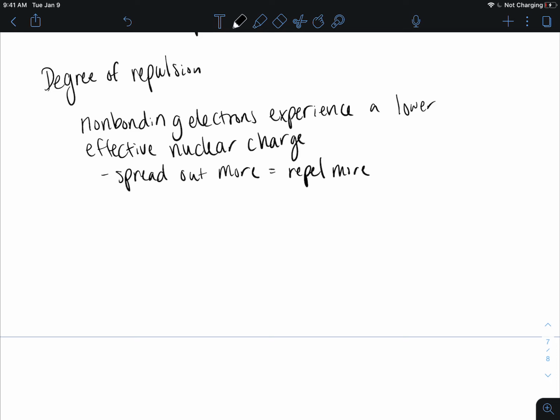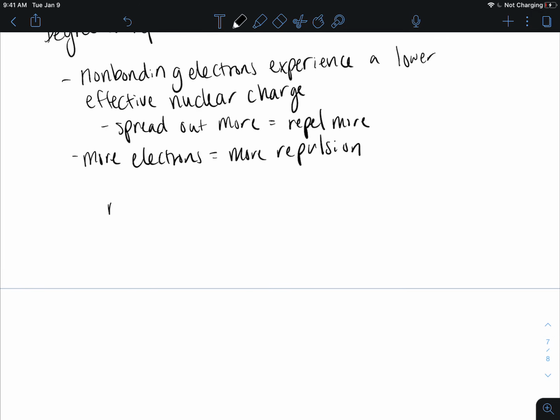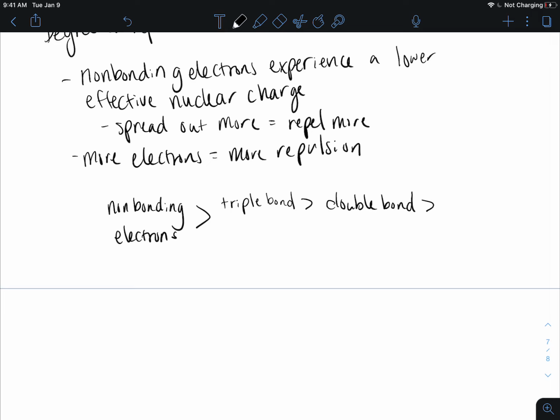And then, of course, more electrons are going to repel more. So our non-bonding electrons are going to repel the most. But a triple bond is going to repel more than a double bond, which is going to repel more than a single bond.